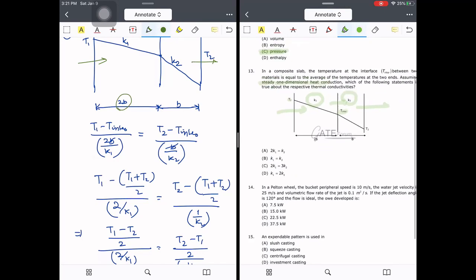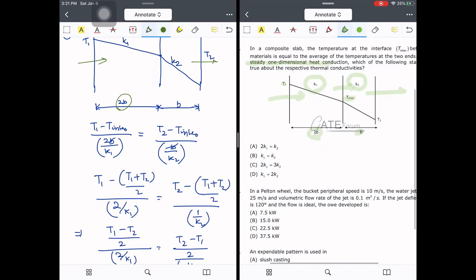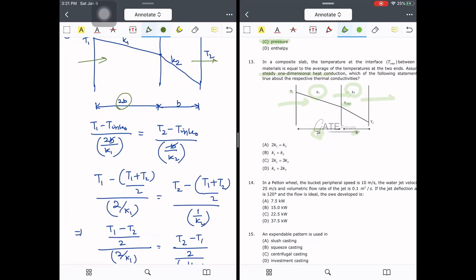Suppose I take Q, the heat flux here, equal to the heat flux there. So that means (T1 minus T interface) by 2B by K1. I think they have given the widths 2B and B here. This is the thermal resistance. You might know the electrical analogy between heat conduction and electricity.